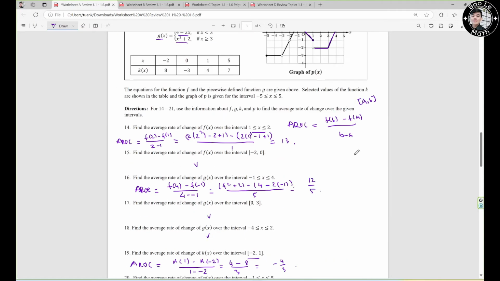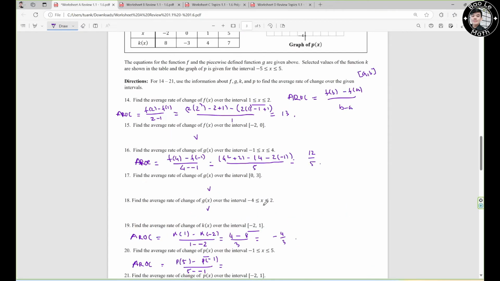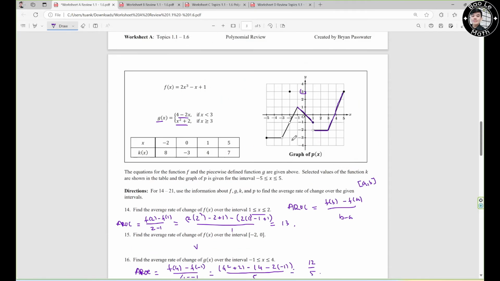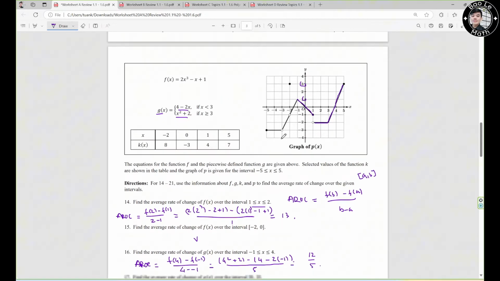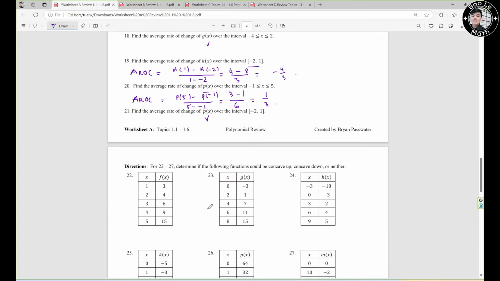So p of 5, we look at this one, we see that it's going to be 3, right? So this is going to be 3 minus p of -1. P of -1 is going to be 1 right here. Over 5 minus -1 is going to be 6. So it could be 1/3. Now number 21, I leave it for you, okay?